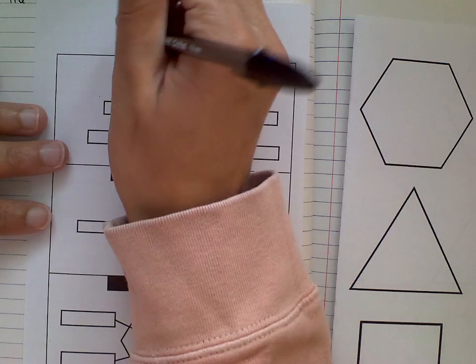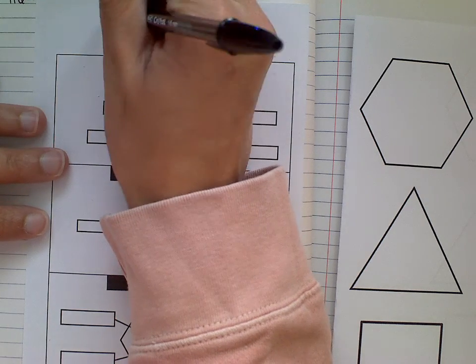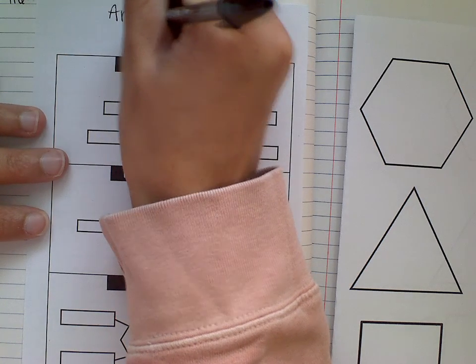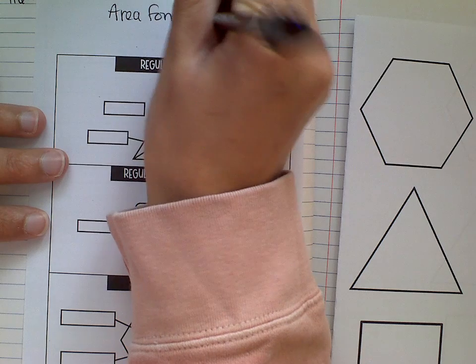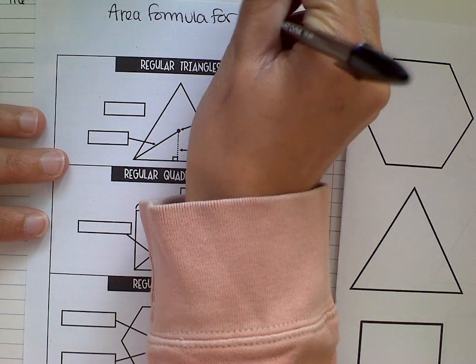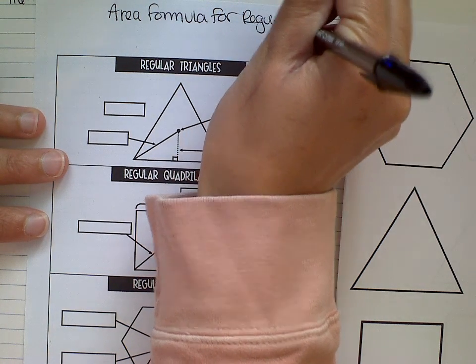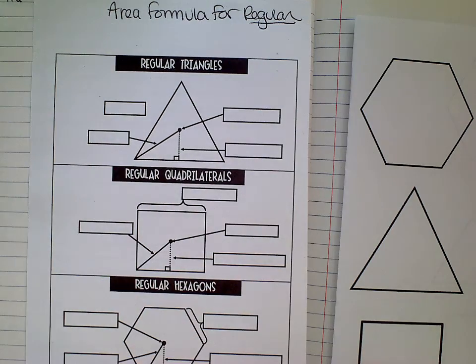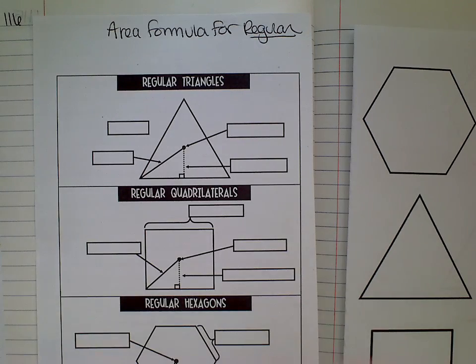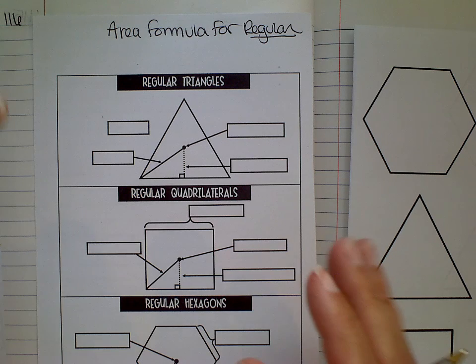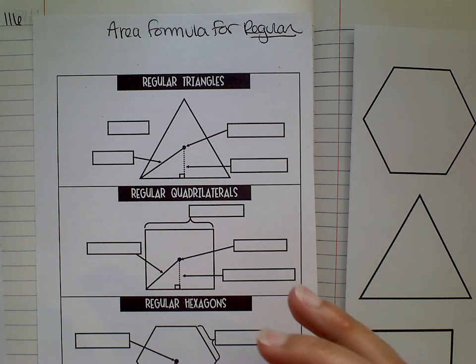And so as long as they are regular, so the area formula for regular, and I think I talked about what regular means there also, but regular means that all the sides are the same and all of the angles are the same measure.